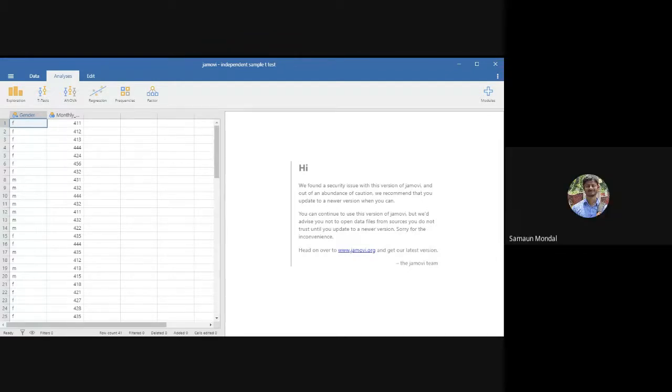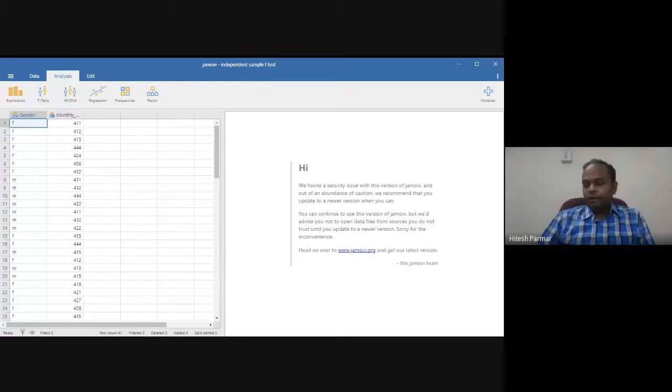Then demand of product A and product B. Yes, it is also correct. Demand of product A and product B, you can compare the average demand with respect to two products. Any other example?